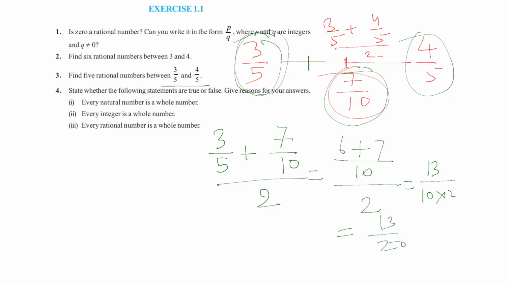So one number was 7 by 10, and another number is 13 by 20, and we'll keep doing it. We'll keep getting new rational numbers. There is no end to getting rational numbers. There are exactly infinite rational numbers between any two given rational numbers.